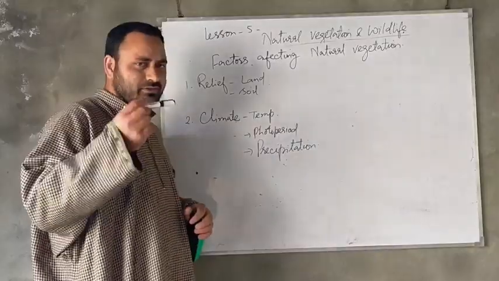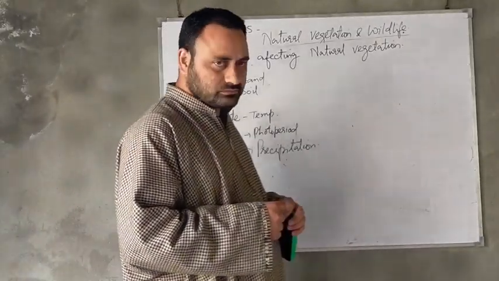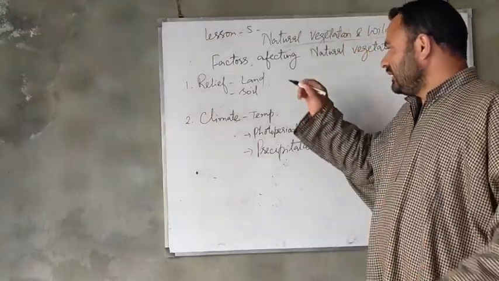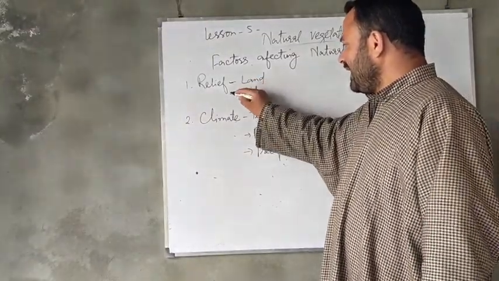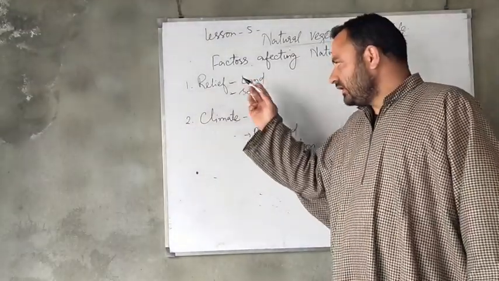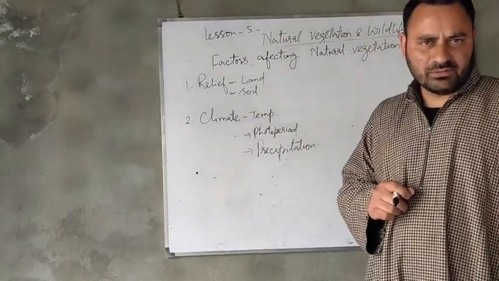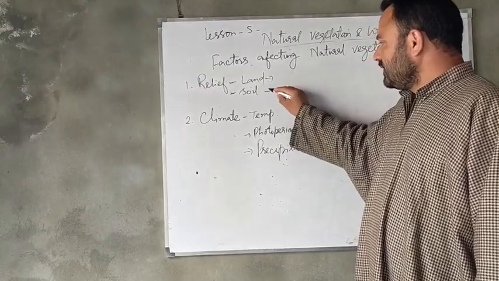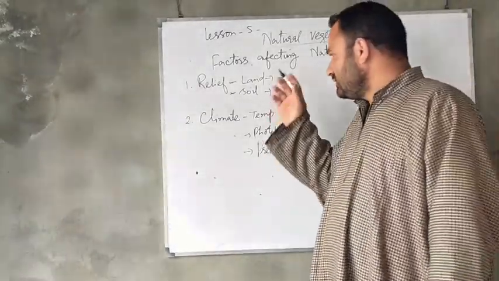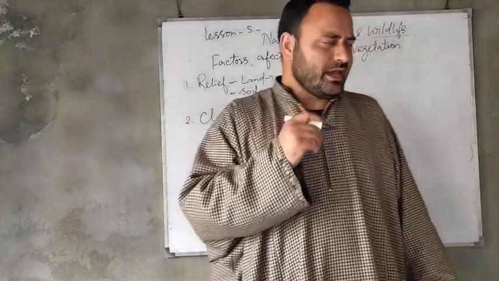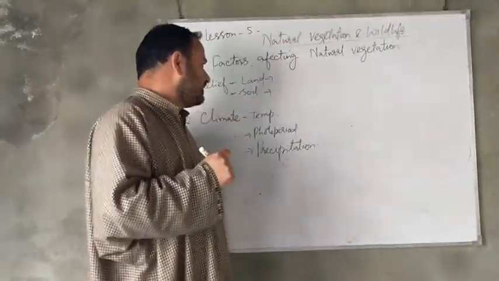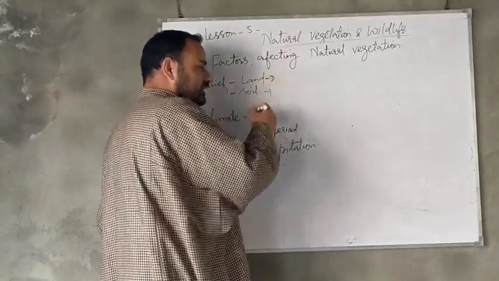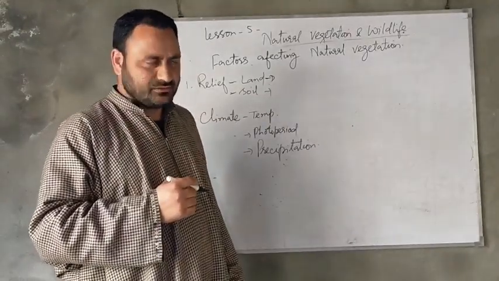The factors that affect natural vegetation are, first, relief. Relief, as you already know, reflects the geography of a particular area. In relief, we see land. How does land affect natural vegetation? As you may know, different types of land support different types of vegetation.